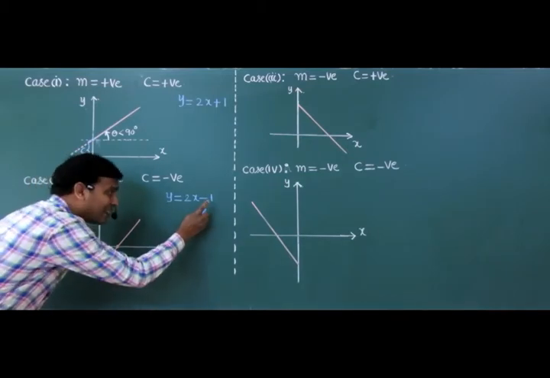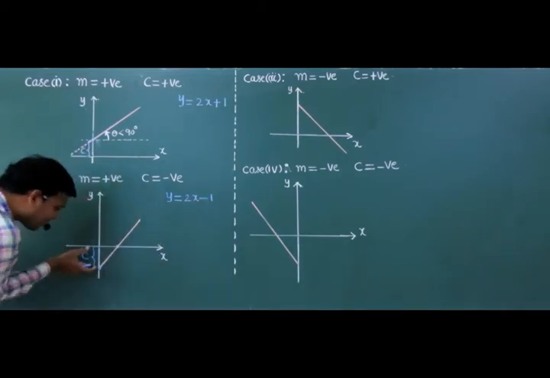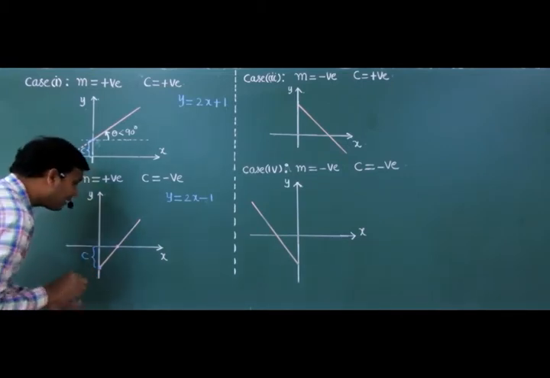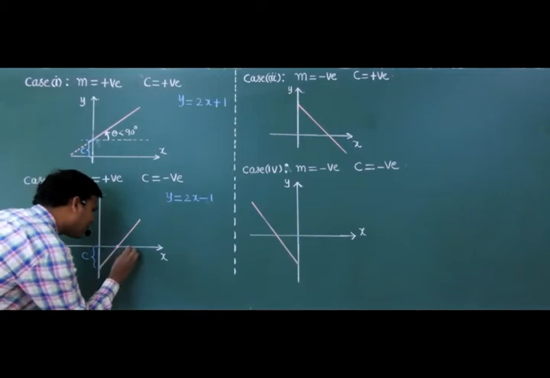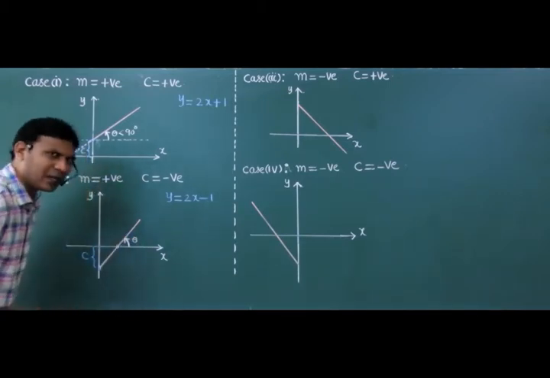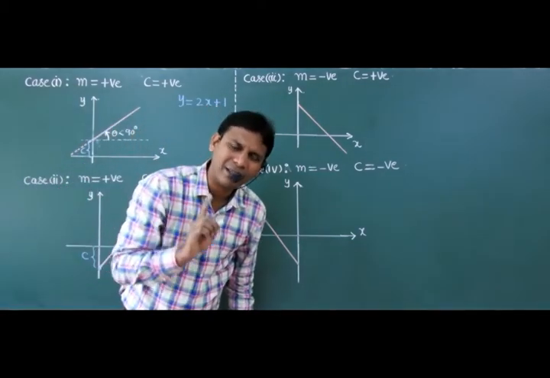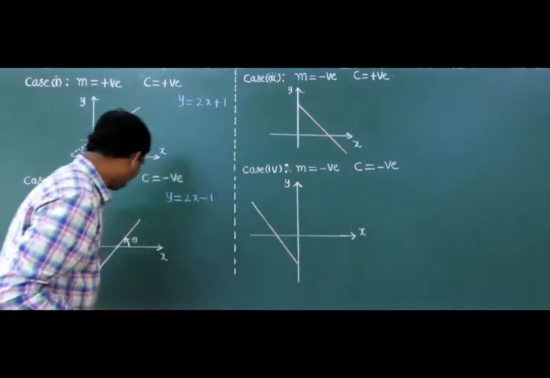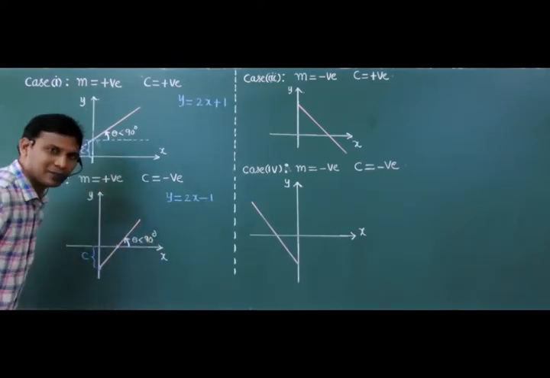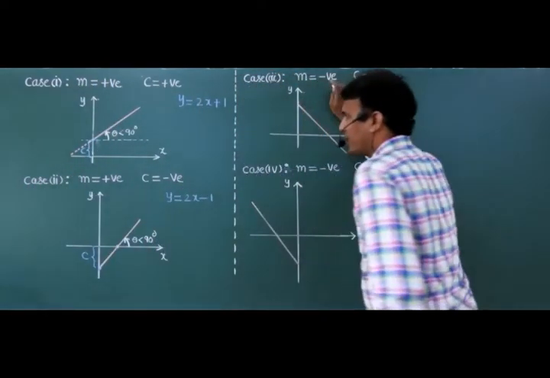Yes, it is correct. Negative intercept. C is negative. This is theta. I don't want to explain again how to take theta. Then this theta is less than 90, so slope is positive. Next, case 3.